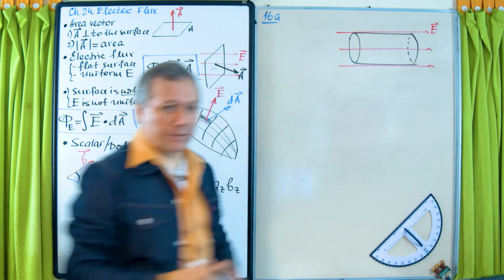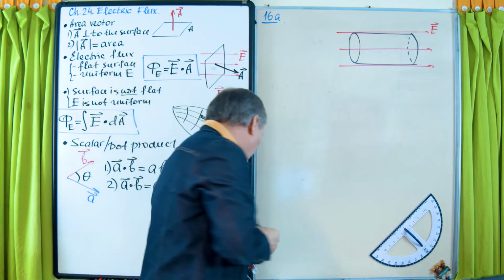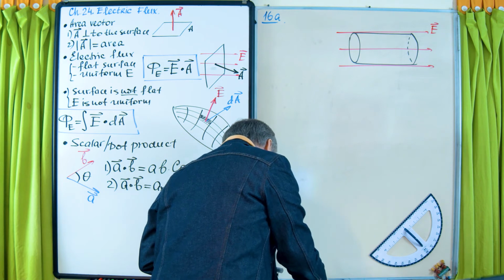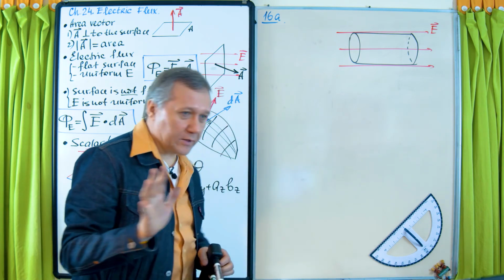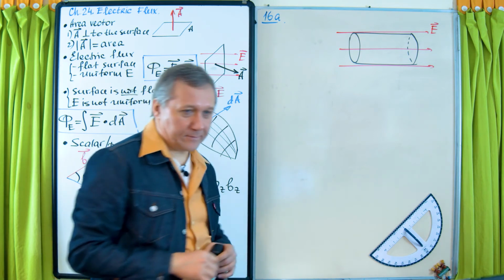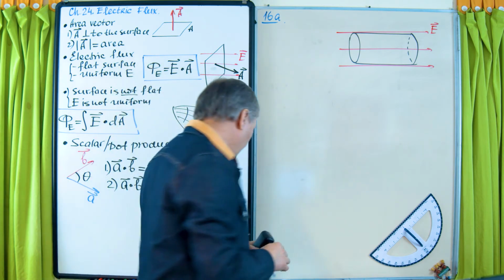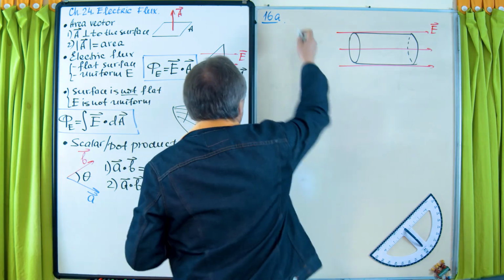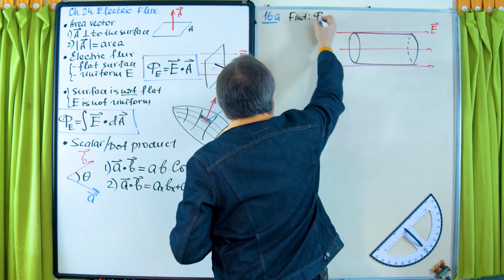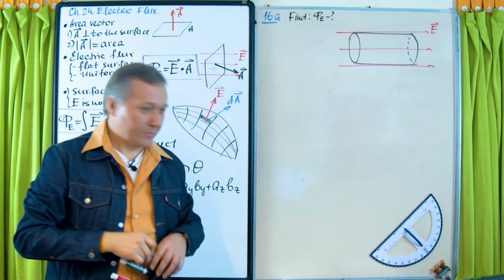Okay, so a cylindrical surface exposed to a uniform electric field. Numbers are not given, so we're going to just use E. Let's assume that the electric field has strength E. There are no numbers, and so we need to find the electric flux.